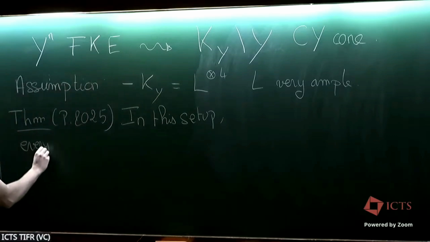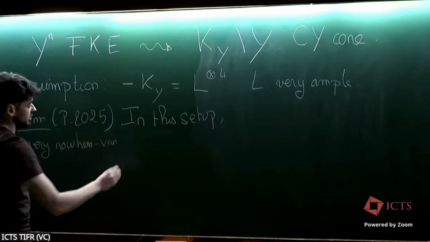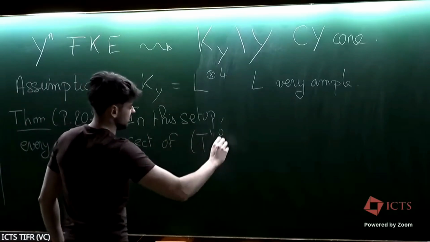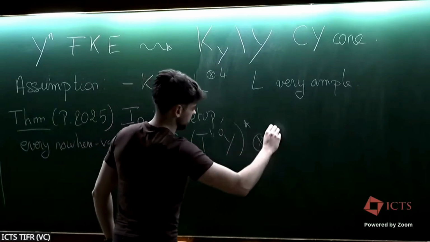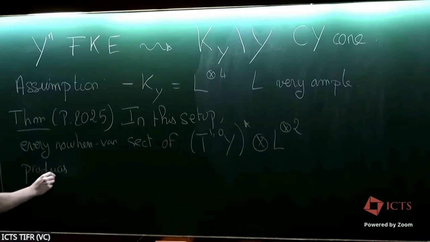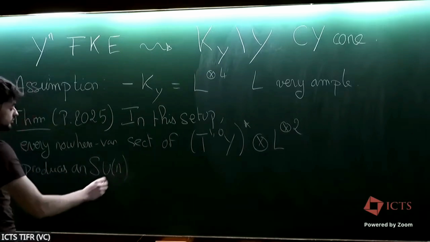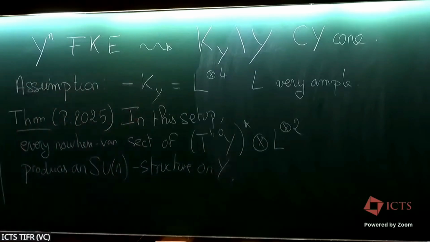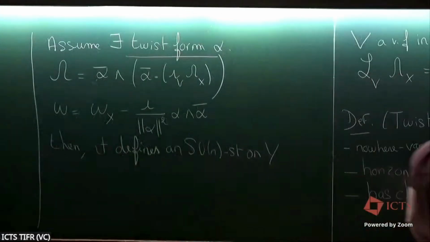Every nowhere vanishing section of this bundle, so the 1-0 form taking value in the second power of L, produces a Gaussian structure on Y. So basically the twist form assumption here is translated into this statement. This is the link between the two.